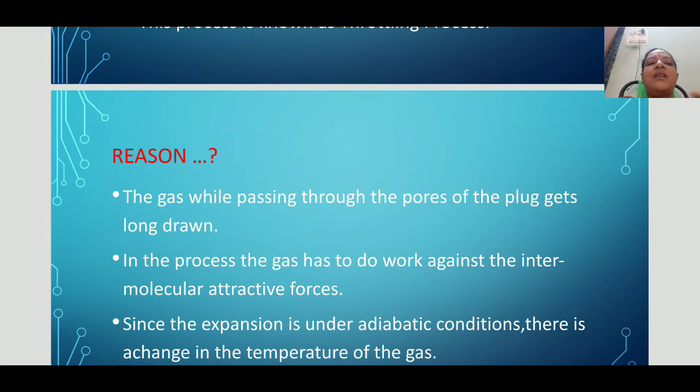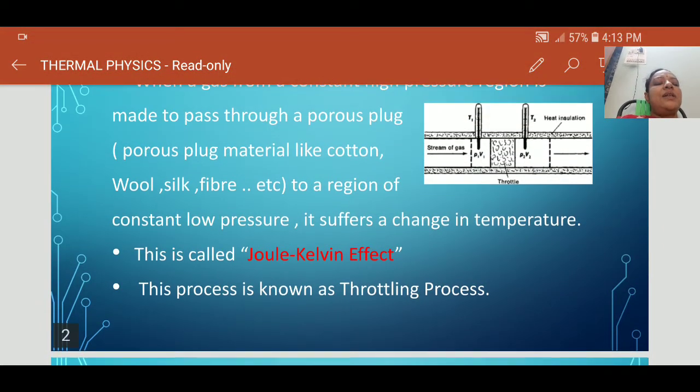After understanding this Joule Kelvin effect, a question arises: what is the reason for the change in its temperature? What mechanism is going on in this throttling process or Joule Kelvin process? See here, when the gas enters into the throttling system, or porous plug, it has to move some distance, it has to drag out, which means it has to do some work.